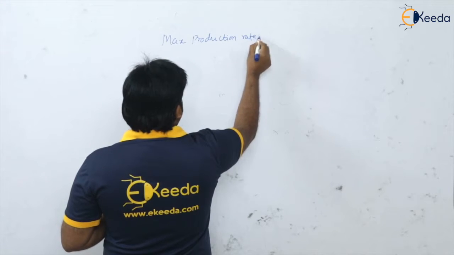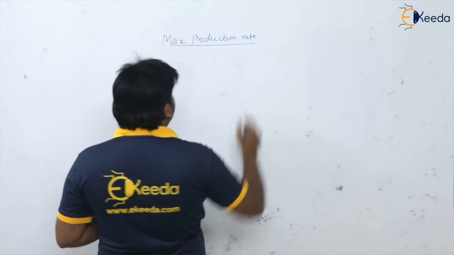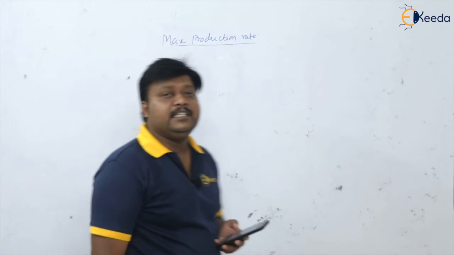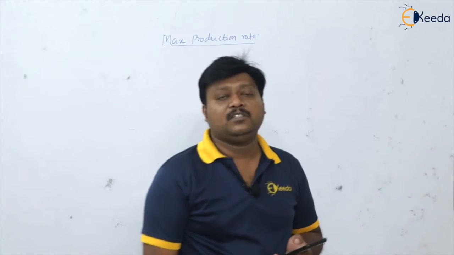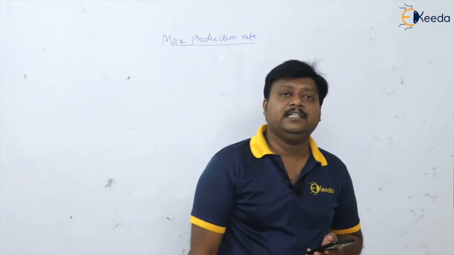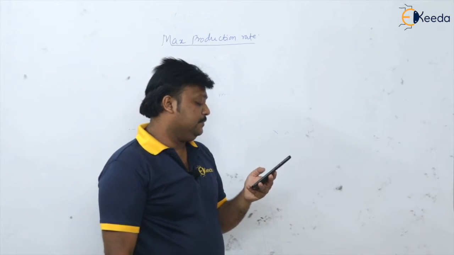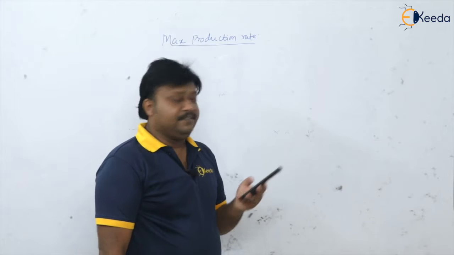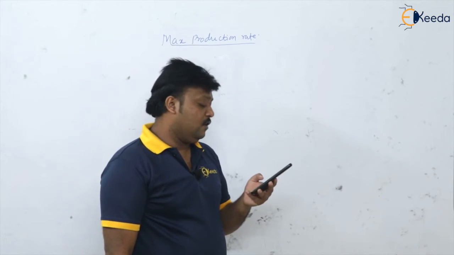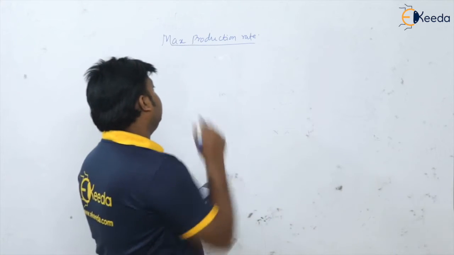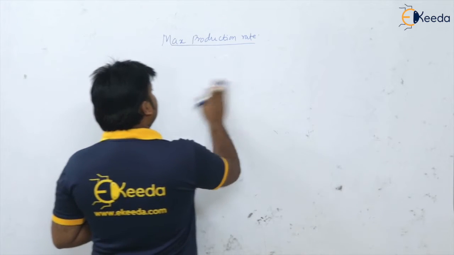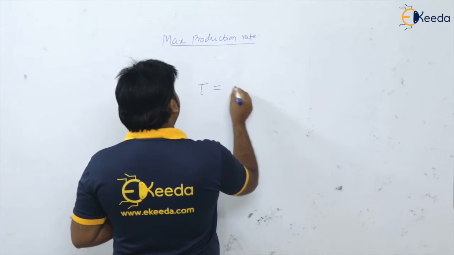So if you remember, dear students, we have seen three criteria in the economics of machining: minimum cost criteria, maximum production criteria and maximum profit criteria. Out of that they are asking the tool life for maximum production rate. In that case we know that T is equal to what?